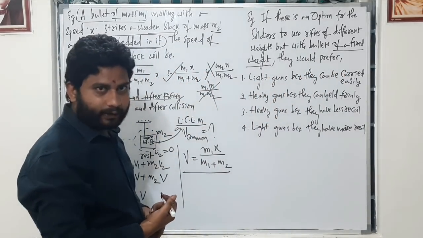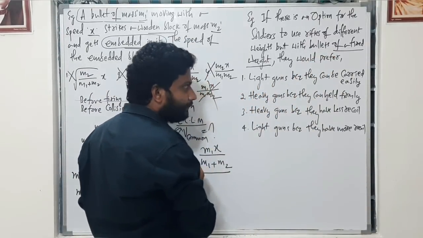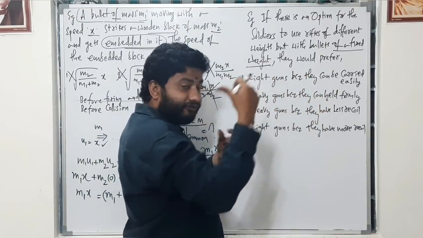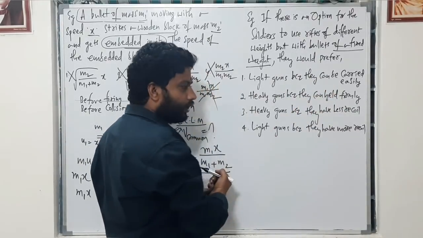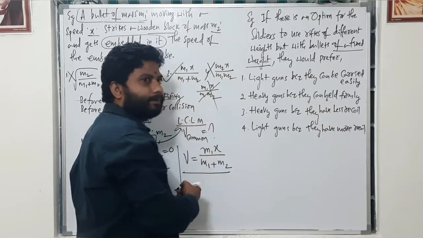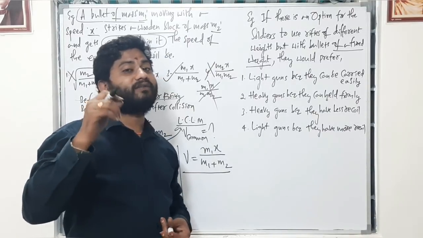There are four options given. Light guns because they can be carried easily, second option, heavy guns because they can be held firmly, heavy guns because they have less recoil, light guns because they have more recoil. I hope you could recollect the concept of recoil velocity of a gun.